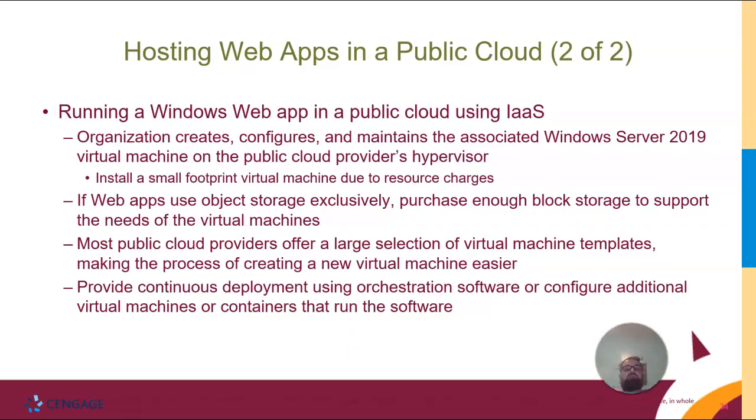So if you're running a web app in a public cloud using infrastructure as a service, your organization is going to create, configure, and maintain the associated server virtual machine on the public cloud provider's hypervisor. So you don't have to worry about the underlying storage or anything like that. You just install the small footprint virtual machine due to resource charges.